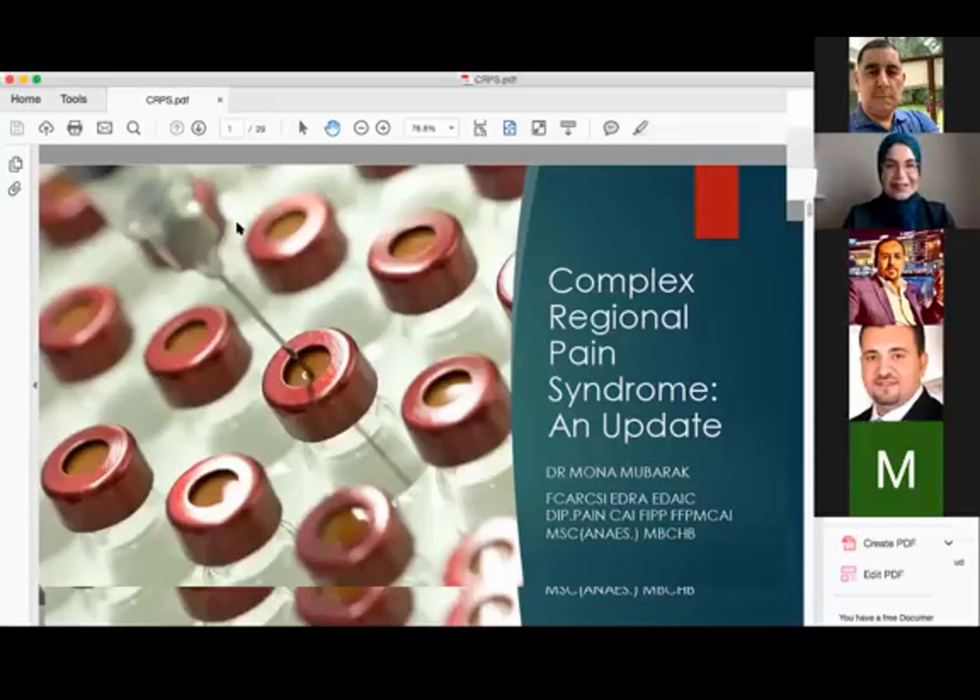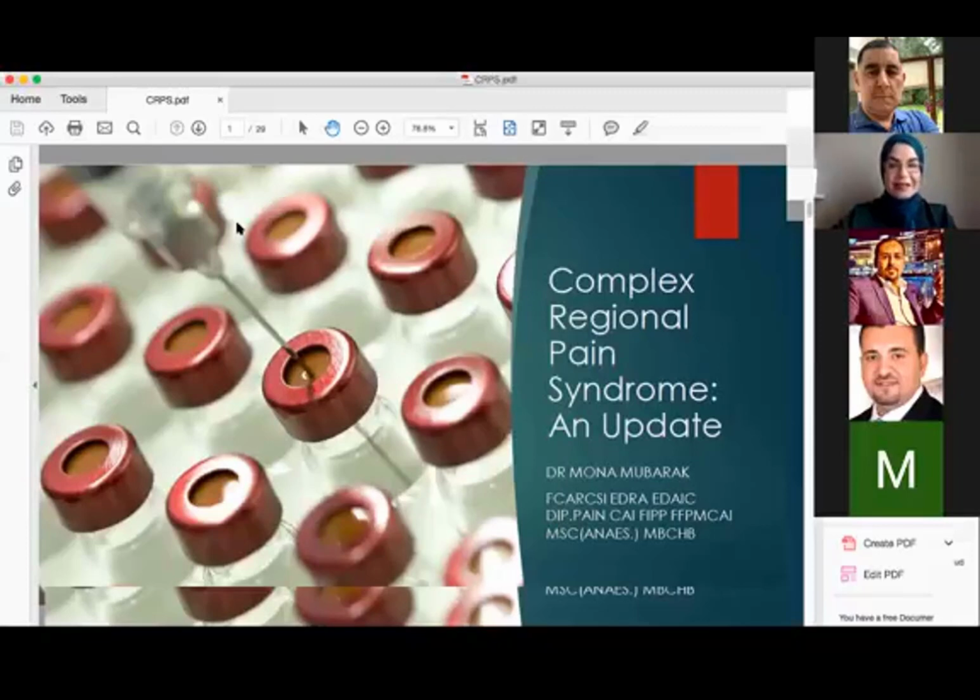In the 1940s, the term reflex sympathetic dystrophy came into use, relating to the belief of an abnormal efferent reflex from the sympathetic nervous system. I'm going to come back to the sympathetic nervous system. It has a very important role indeed in CRPS.